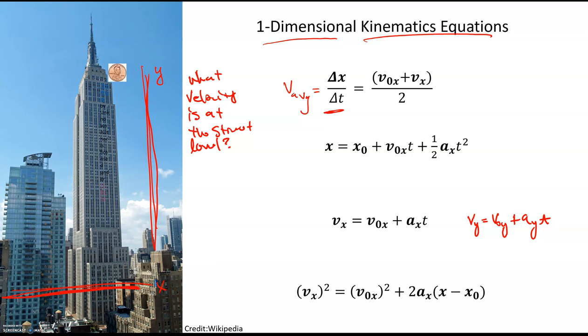Now the average velocity can also be the velocity at the start, the initial instantaneous velocity. So it's the velocity at that particular moment. That's what instantaneous means. And then this is the final instantaneous velocity.